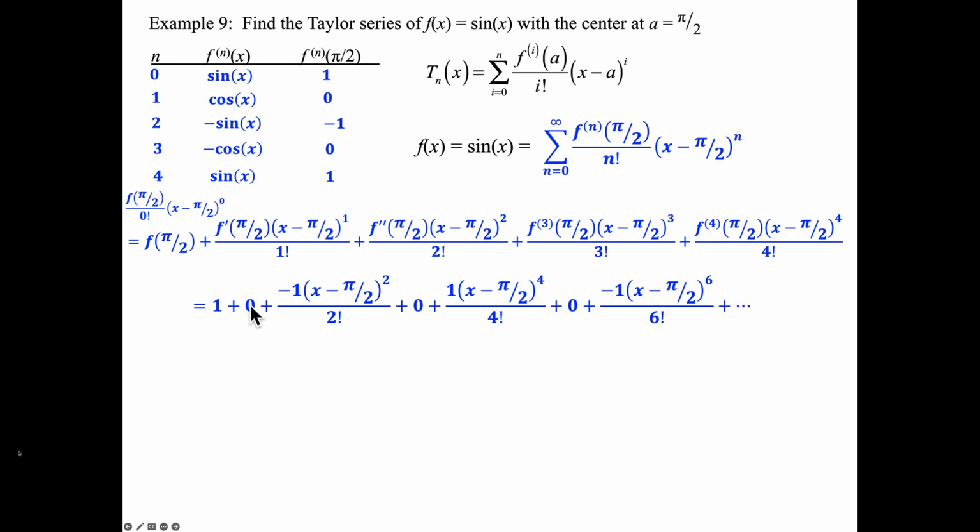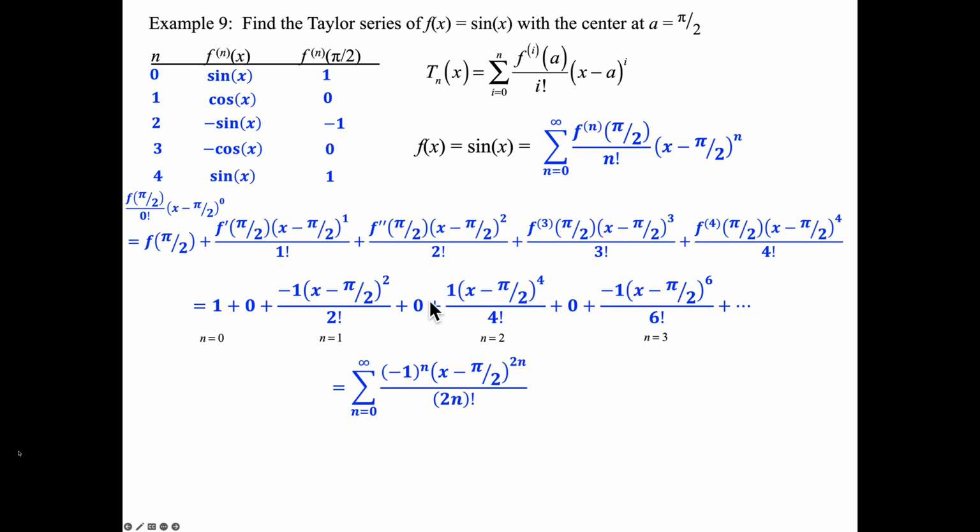So if we get rid of the zeros, and now we treat this as n equals 0, n equals 1, n equals 2, n equals 3, my new summation will be negative 1 to the nth, since we want a positive 1 first, x minus pi over 2 to the power of 2n.